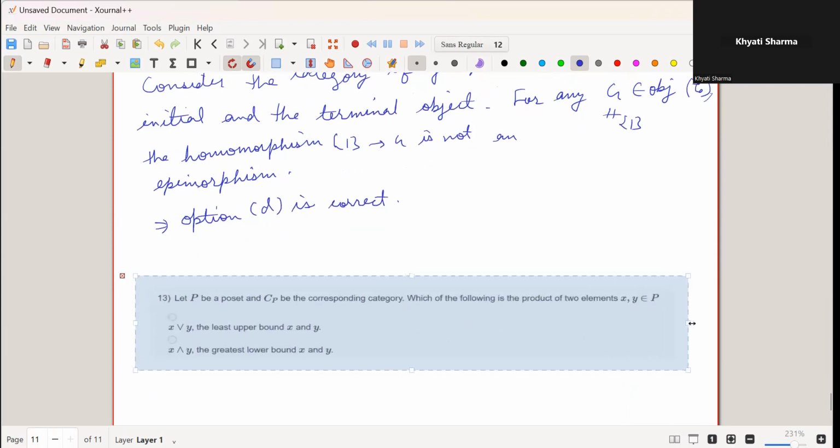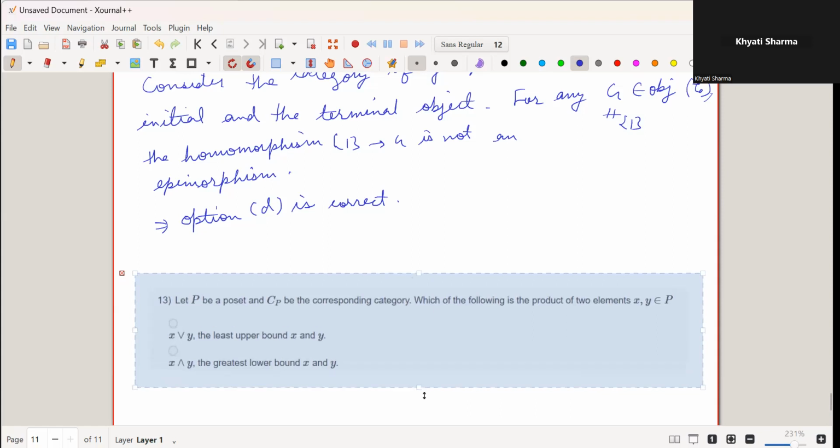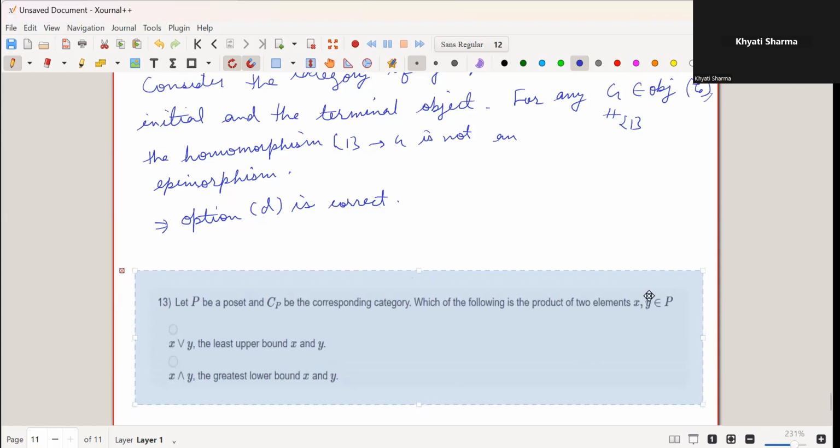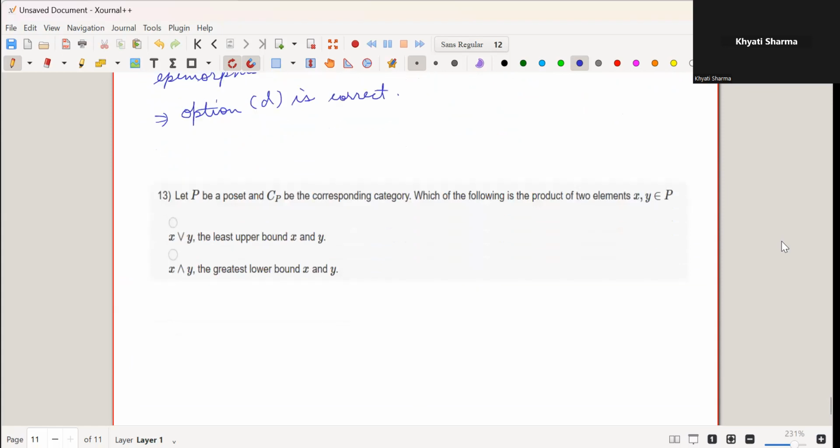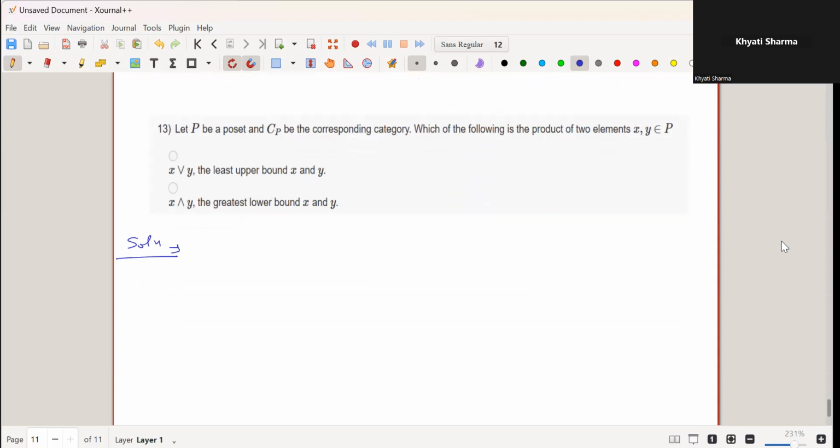Which of the following is the product of two elements x, y in this P? The least upper bound of x and y, or the greatest lower bound of x and y. Okay. So P is the poset and C_P is the corresponding category.